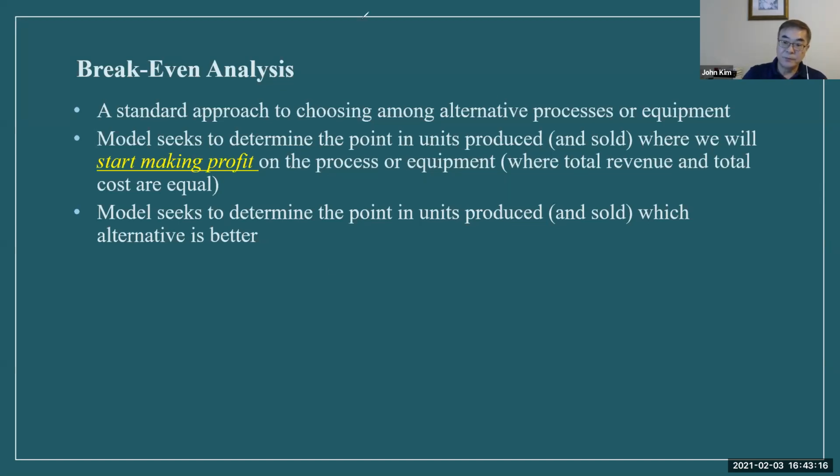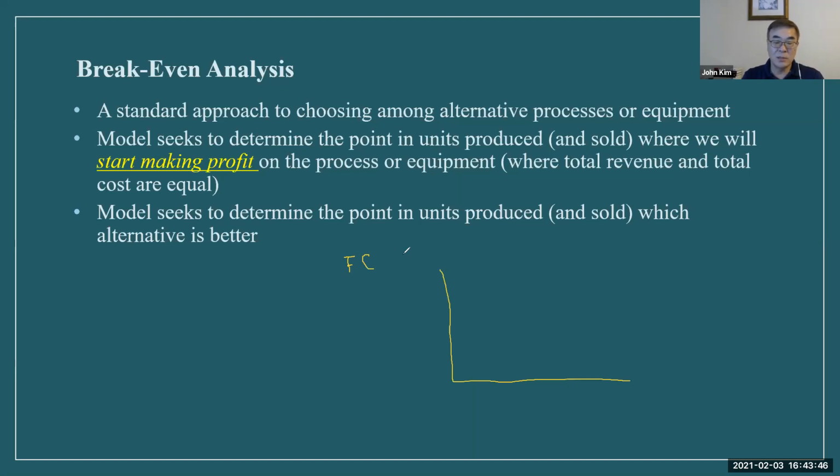If we produce something using a machine, then to buy a machine, build a facility, and so on, we call that fixed cost, FC. And then produce one item, two items, and so on.